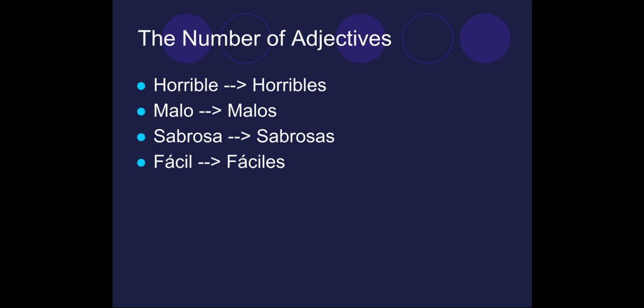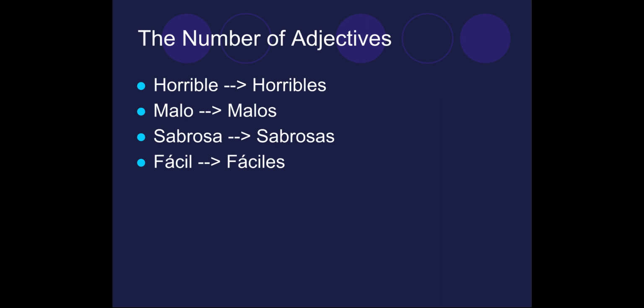Or el refresco malo, the bad soft drink. But if I have more than one bad soft drink, then el refresco becomes los refrescos. So I have to change malo to agree with refrescos and be plural, malos, los refrescos malos.